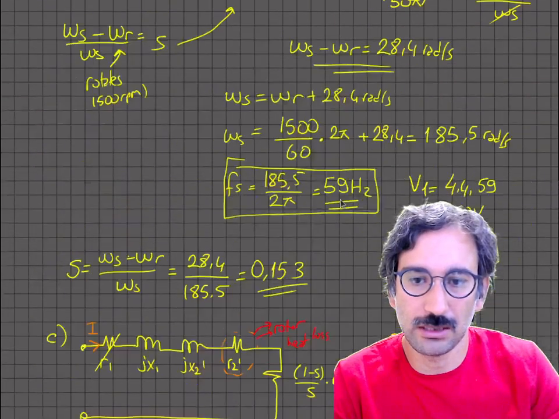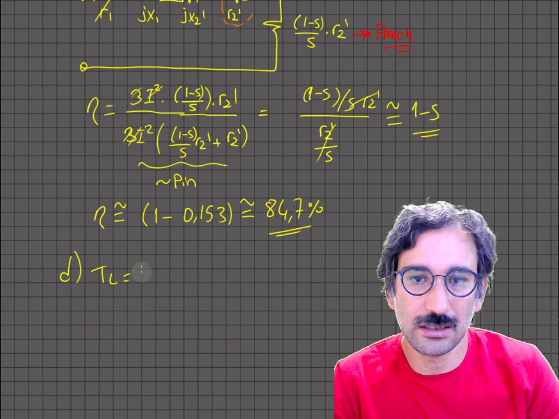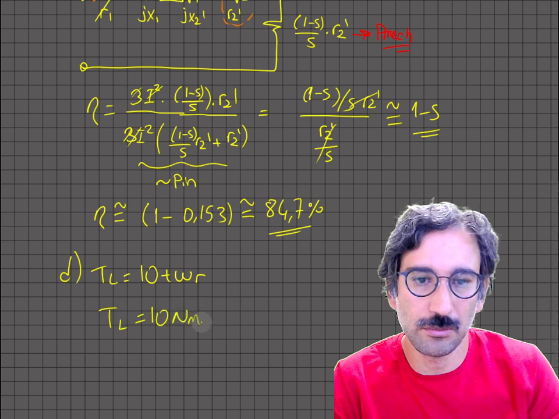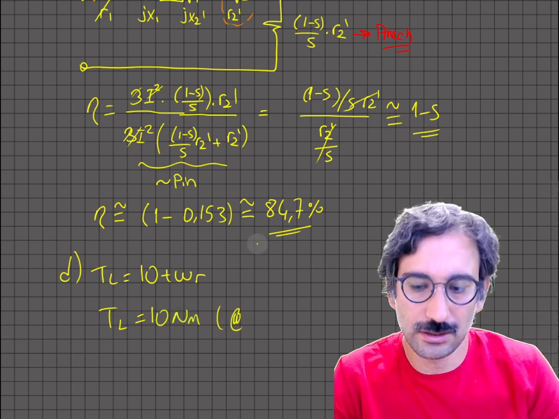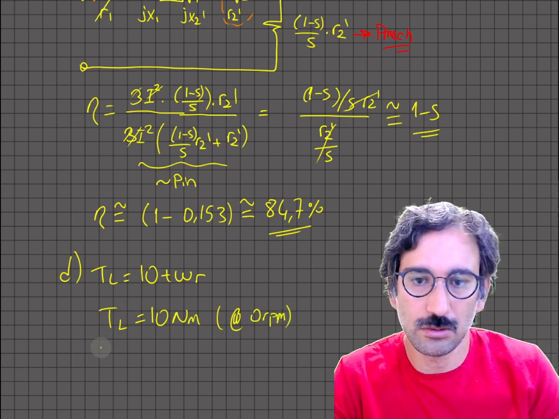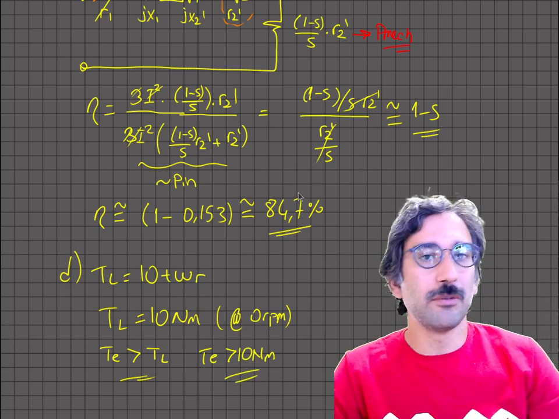So I can calculate, TL is equal to 10 plus omega R, so TL is equal to 10 Newton meter at 0 RPM. So electrical torque should be larger than 10 Newton meter if I want to start.